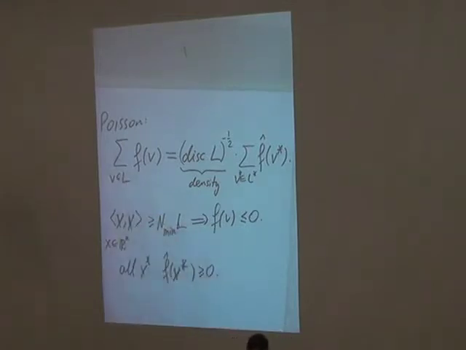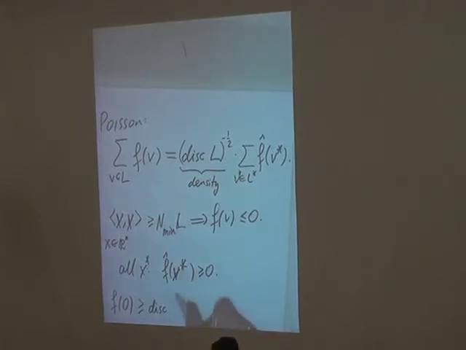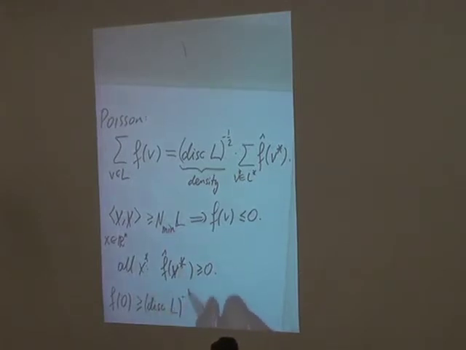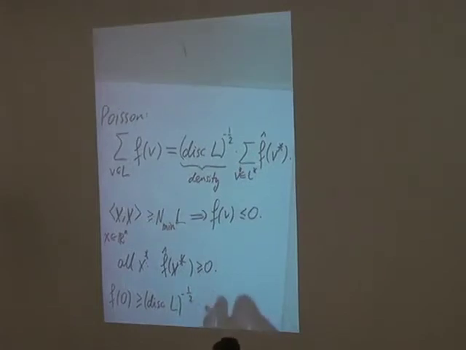On the one hand, you have a sum that is less than or equal to f of 0. On the other hand, you have a sum that's bigger than or equal to the discriminant to the power minus a half times f hat of 0.